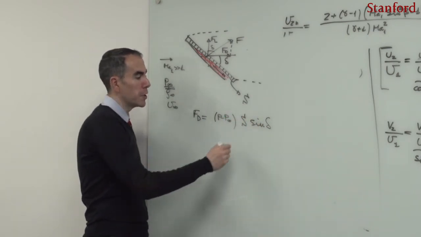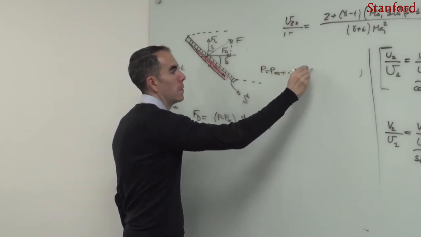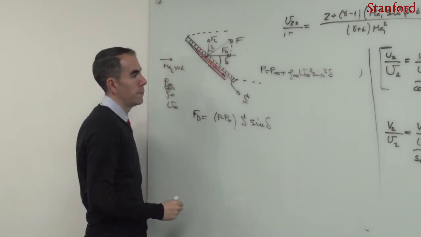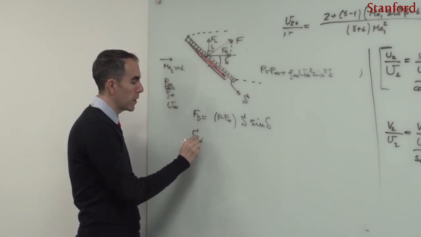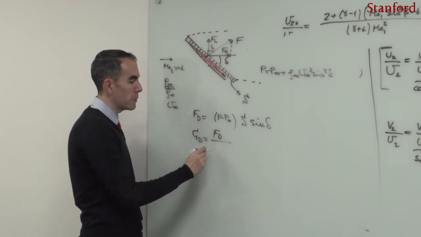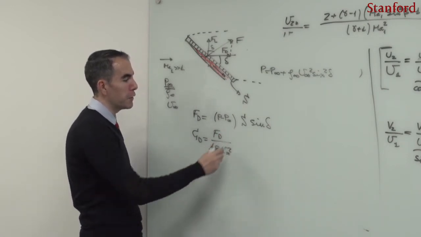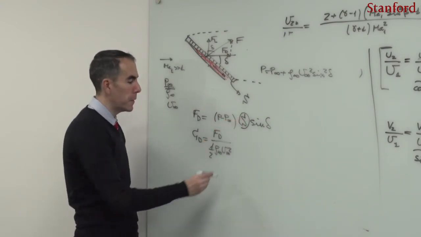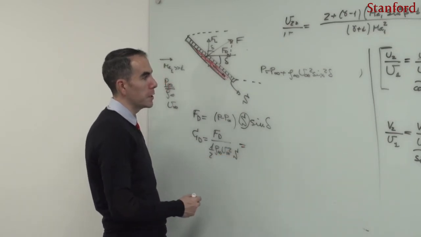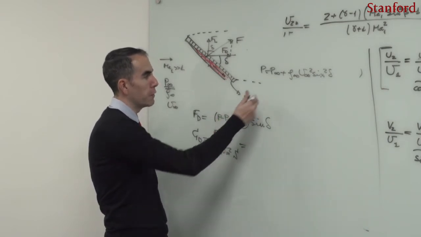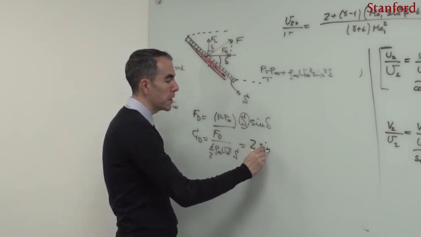So if I substitute the relation for the pressure that Newton proposes, or before doing that, if I define the drag coefficient as the drag force divided by 1/2 rho infinity u infinity squared, and as a reference surface I'm just going to take the total surface of the plate, S, then it is not difficult to see that this substitution gives a drag coefficient that is twice the sine cube of delta.